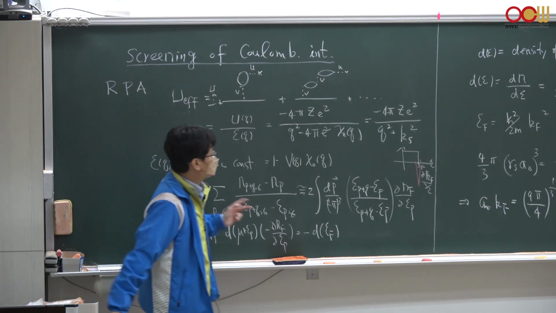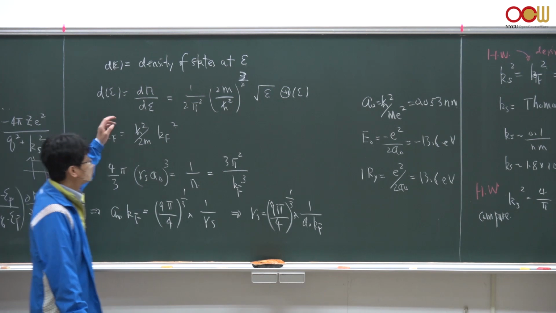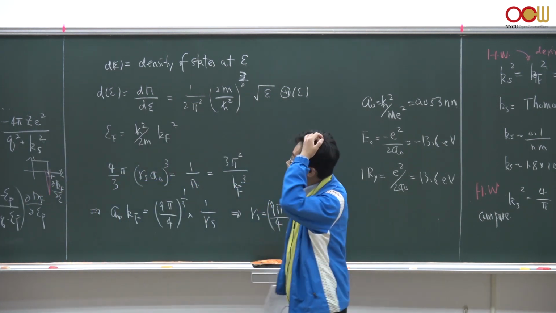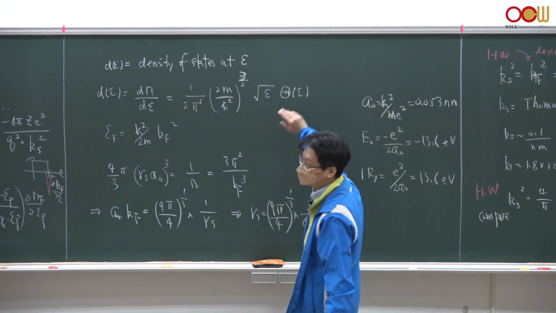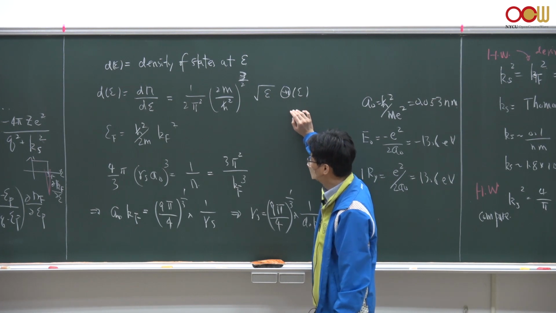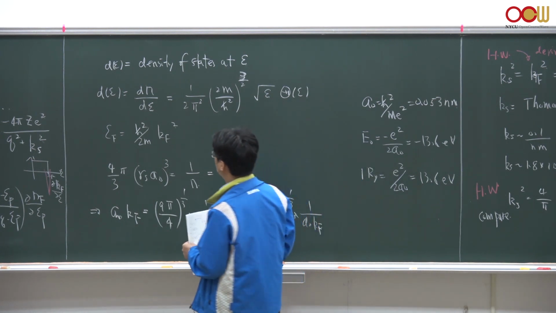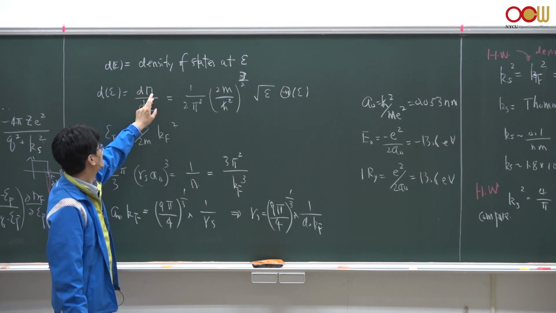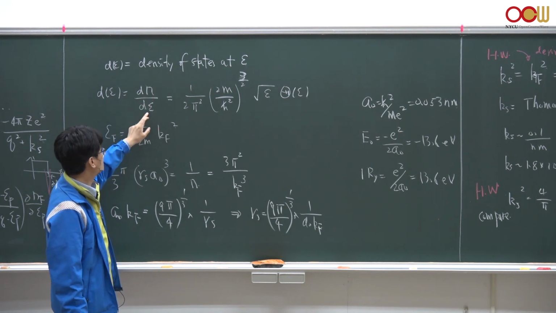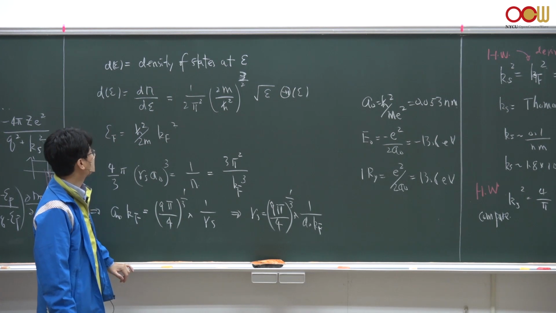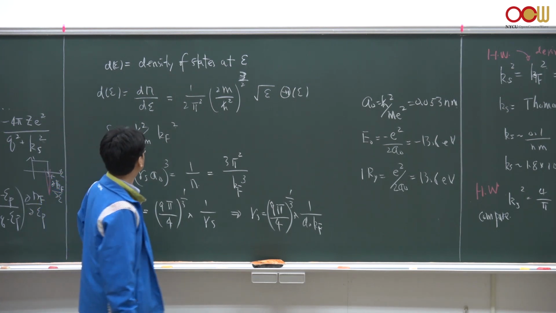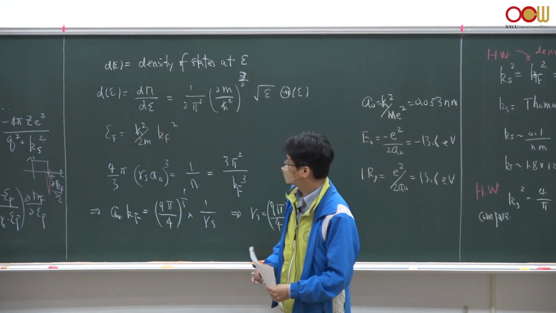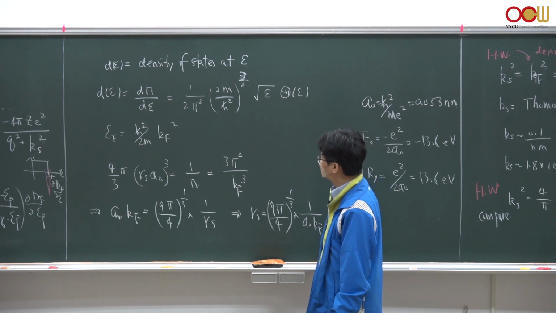So let's just determine this density of states of electrons at any energy. From Introduction to Solid State 1, you know that this is given by the electron density per unit volume, taking the derivative of that with respect to the energy. So n of epsilon is just the density of states of electrons.